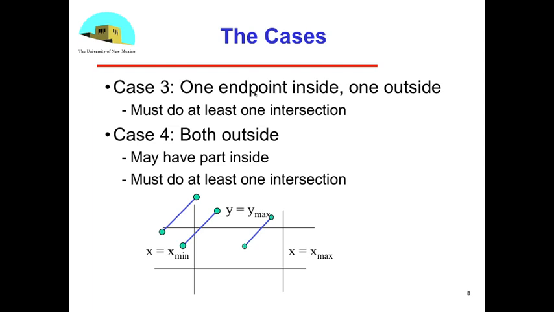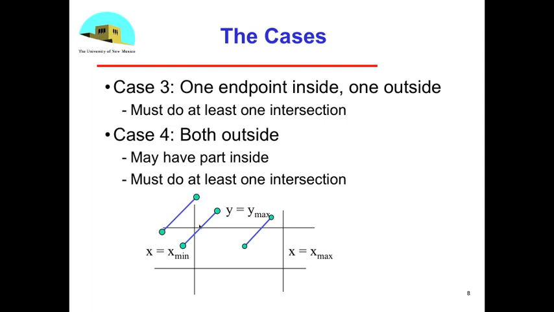So case 3 requires at least one intersection. Now the fourth case, the hard one, is you may have part inside, and if it is inside, you may have to do 1 or 2 intersections, like in this case. In this one, you have to intersect with the left side, and you also have to intersect above.